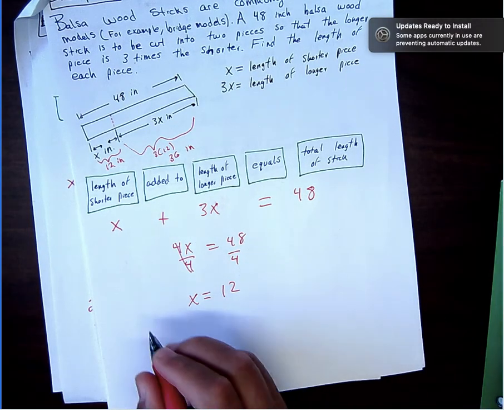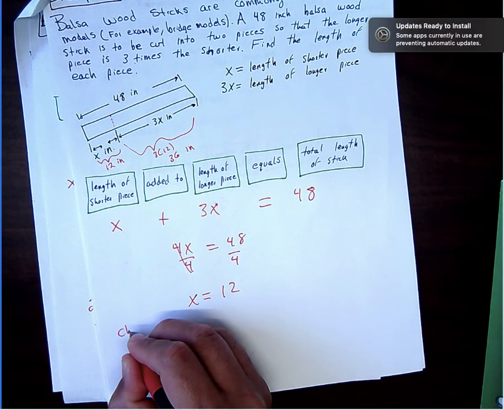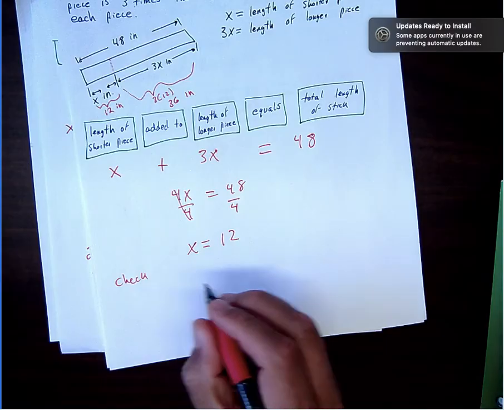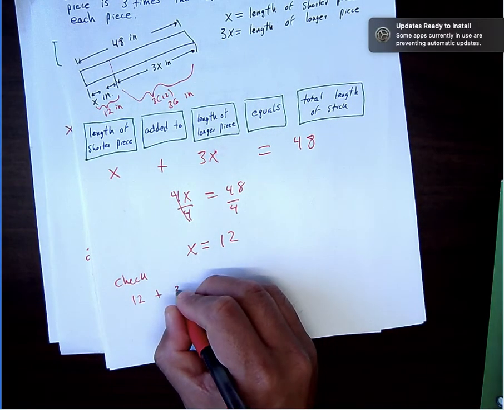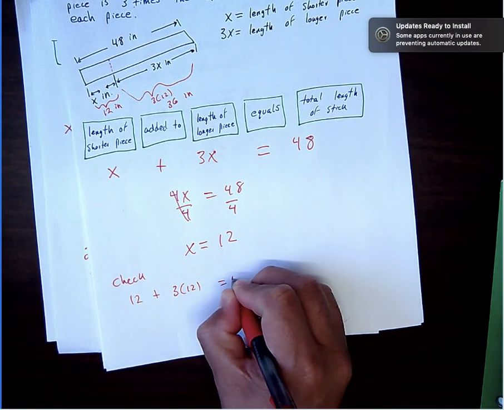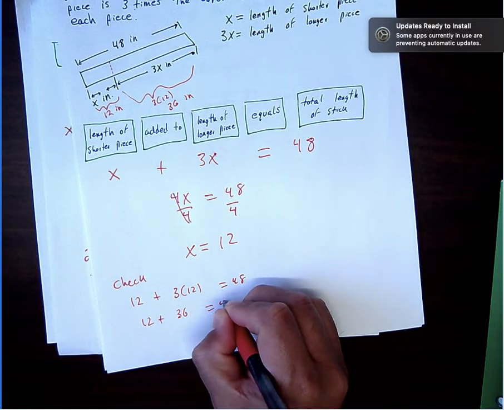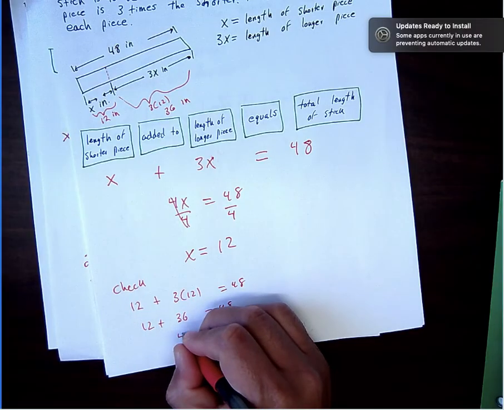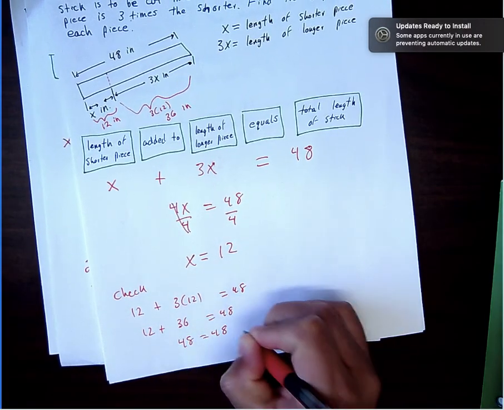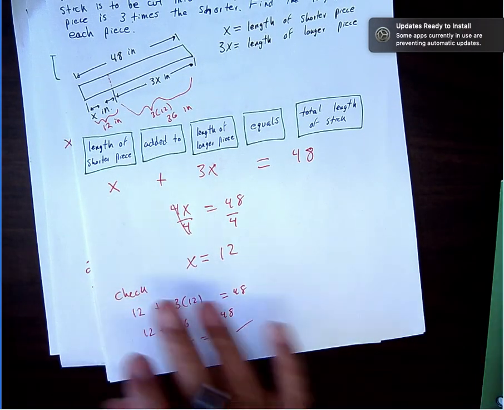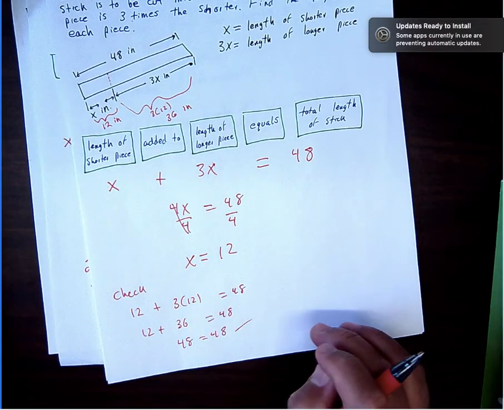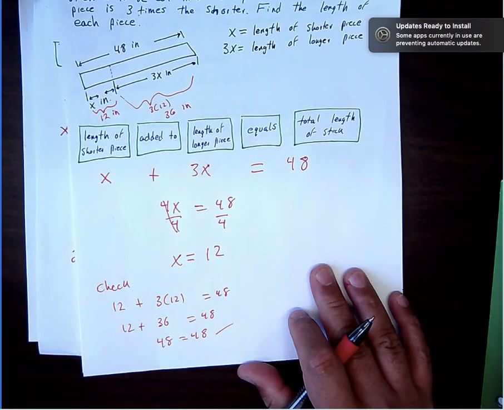So it checks. You want me to check here. So 12 plus 3 times 12 should equal 48. So this is 48 equals 48. So it does check. These two pieces equal that one if x equals 12. Really very easy.